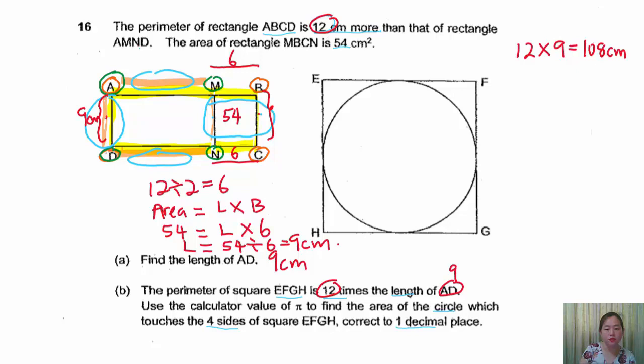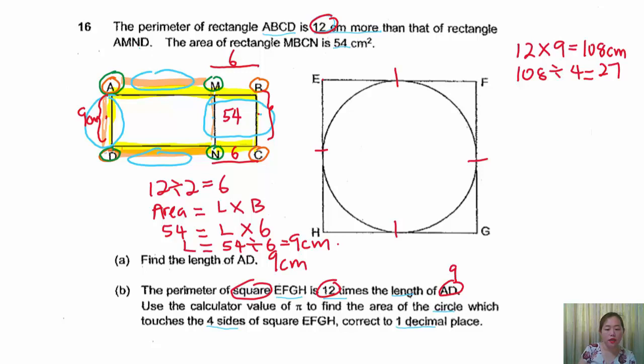So since this is 108 cm, we have to think about how to find the length from E to F. And since this is a square, we know that it will be 108 divided by 4 because there are 4 equal sides, which is equal to 27.